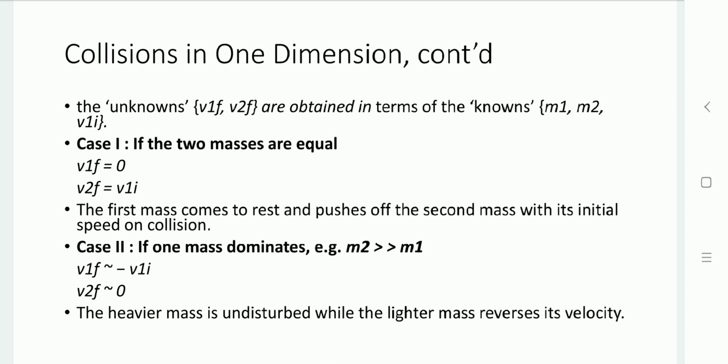So the first mass comes to rest and pushes off the second mass with its initial speed on collision. And if one mass dominates, that is m2 greater than m1, then v1f is nearly equal to minus v1i and v2f is nearly equal to 0. So here the heavier mass is undisturbed while the lighter mass reverses its velocity.